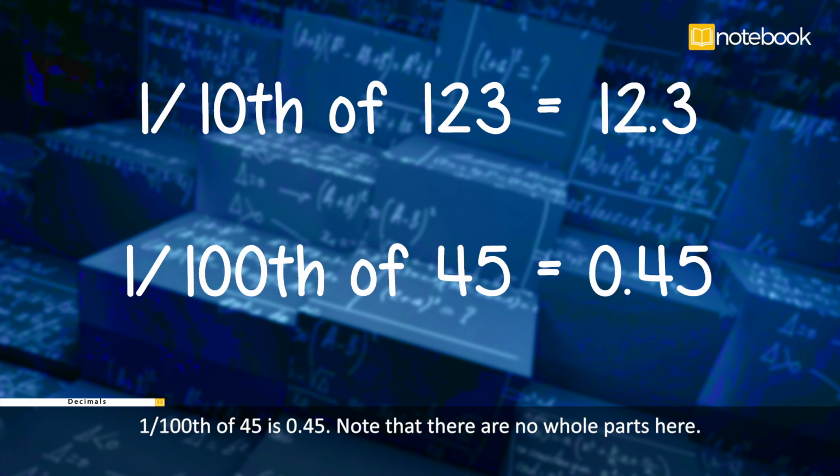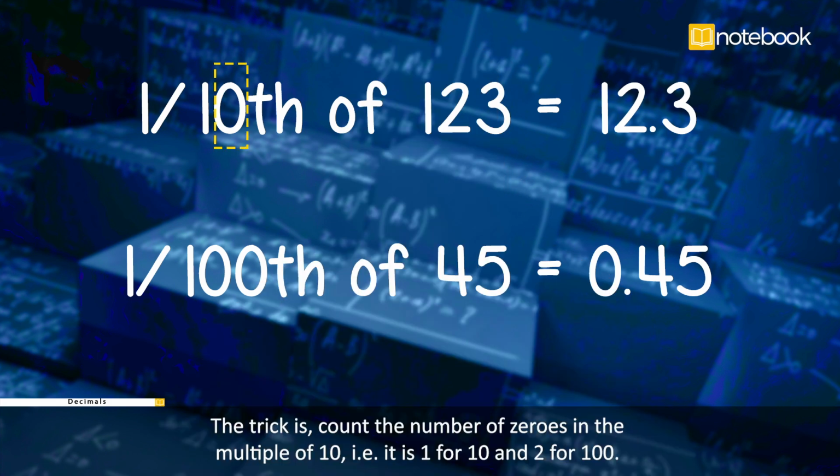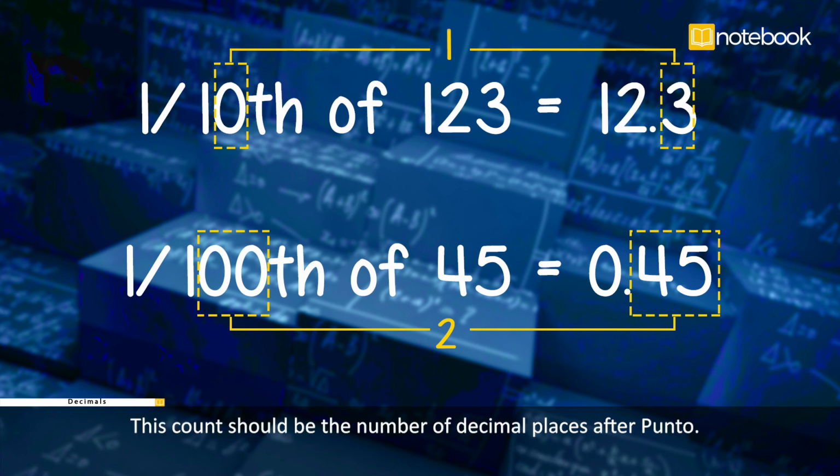1/100th of 45 is 0.45. Note that there are no whole parts here. Can you see the trick here? The trick is count the number of zeros in the multiple of 10. That is, it is 1 for 10 and 2 for 100. This count should be the number of decimal places after punto.